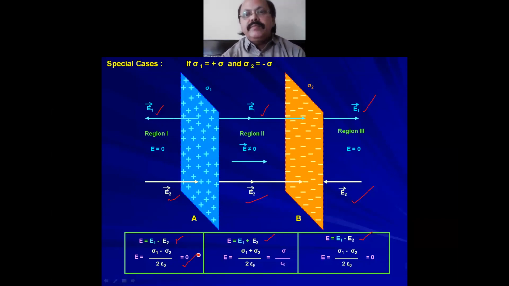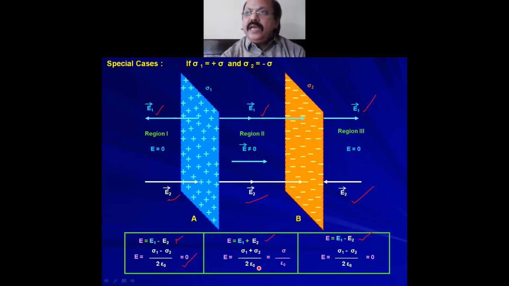And when you substitute here, because we are taking magnitudes, we are putting the values of charges also in the form of magnitude. So here, E equal to sigma 1 plus sigma 2 upon 2 epsilon naught.